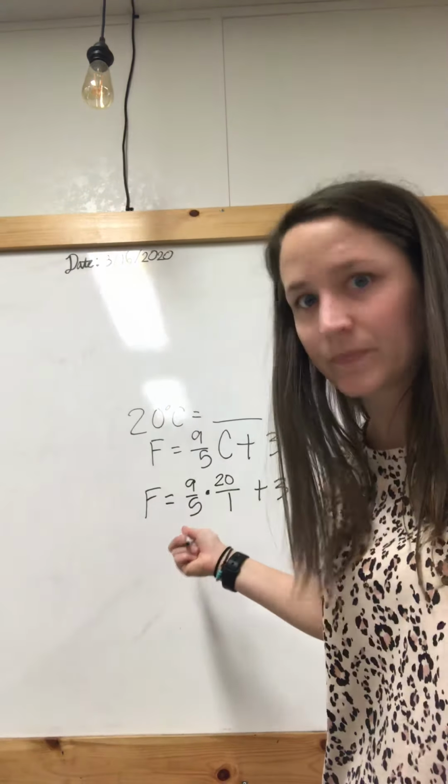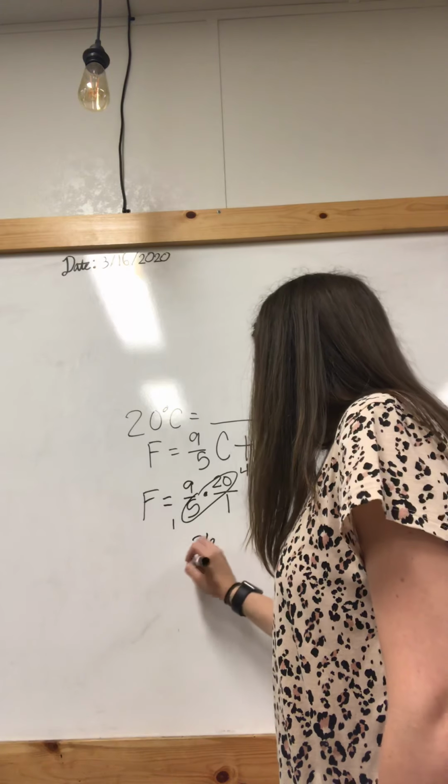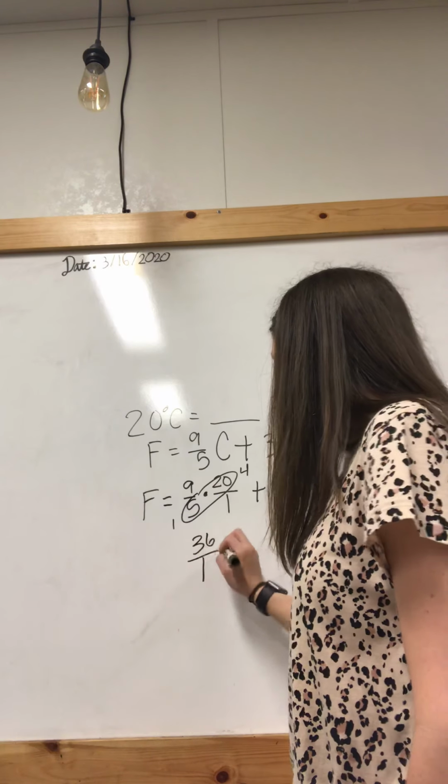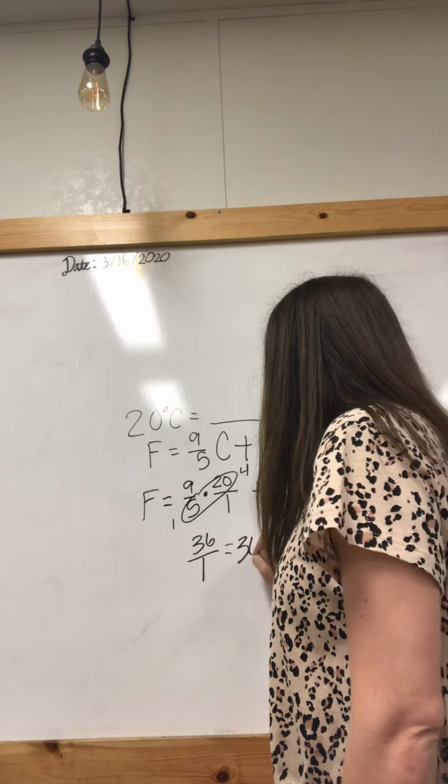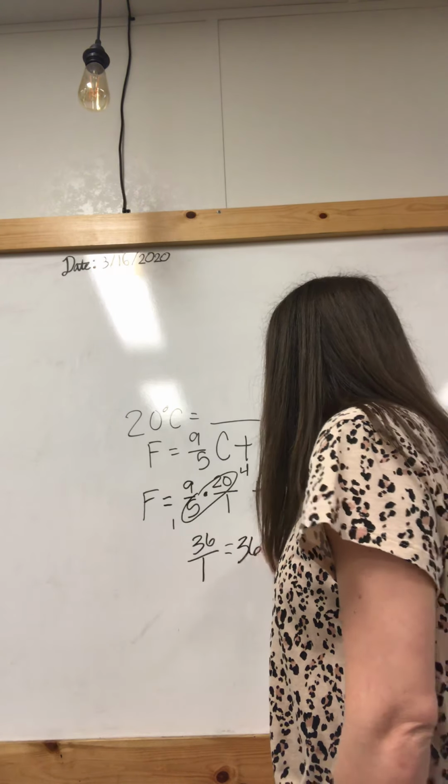And so 9 times 4 is 36. 1 times 1 is 1. So 36 over 1 is equal to 36. Plus 32 is equal to 68 degrees Fahrenheit. Okay, so 20 degrees Celsius is equal to 68 degrees.